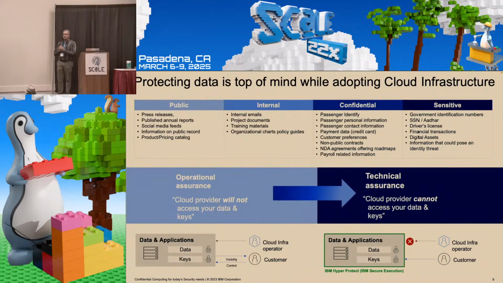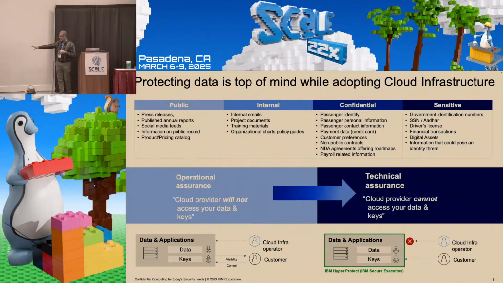When I say technical assurance, in addition to the operational assurance that I am not able to access, I will not access, it technically also constrains the person not to access it. So the technology which is being used limits him from accessing that particular data.